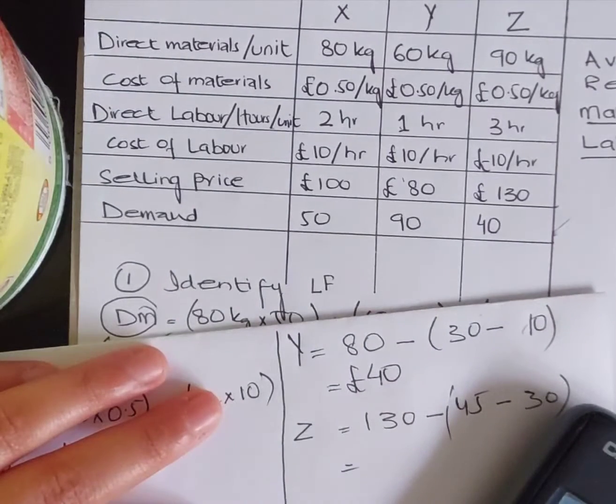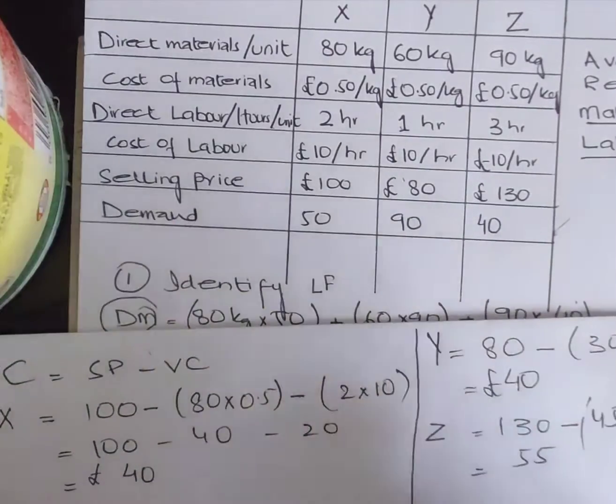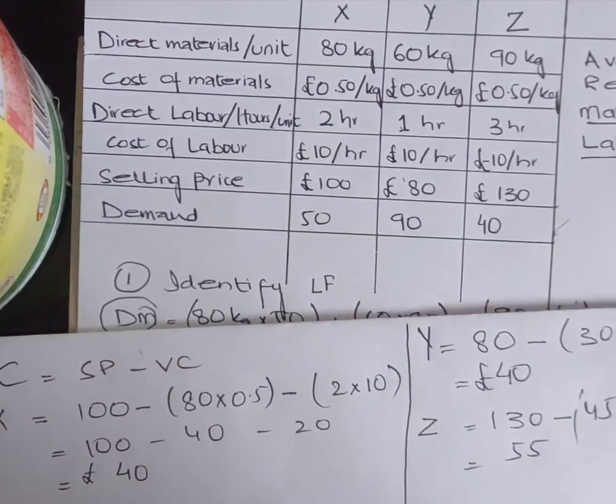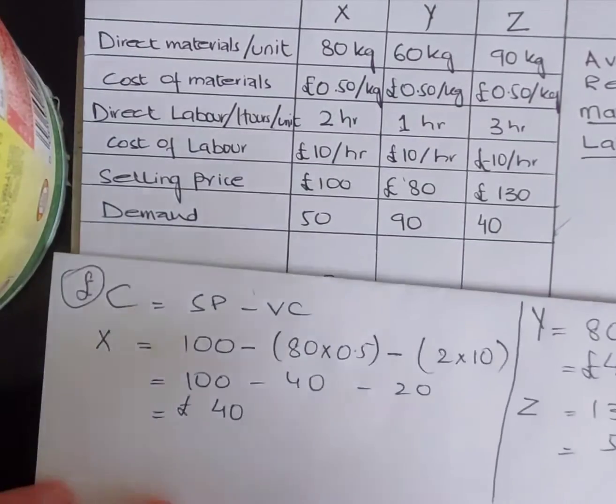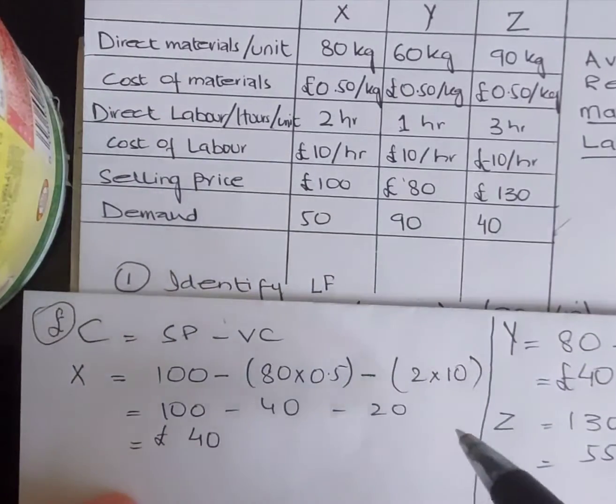That gives us 130 minus 45 minus 30, and it brings us to 55. So now we have to rank them on this basis. We have included our labor cost.